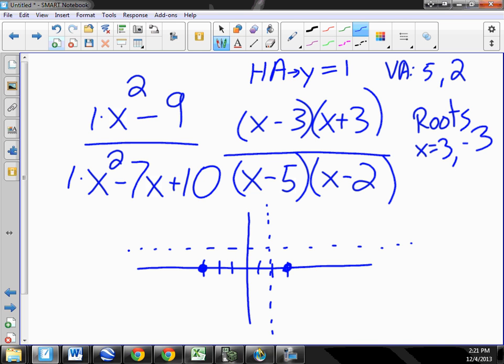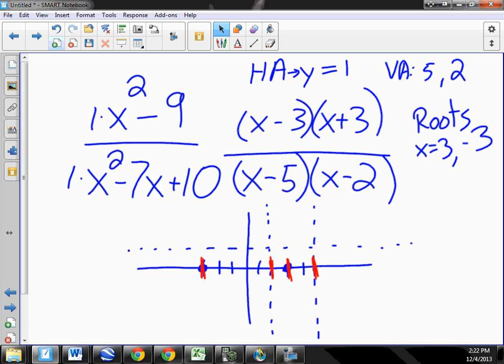Oh, I also have another, 1, 2, 3, 4, 5. Okay. So on my x-axis, I have these critical points. And that's what we call them in math, is critical points. Those are the points at which things change. All right?